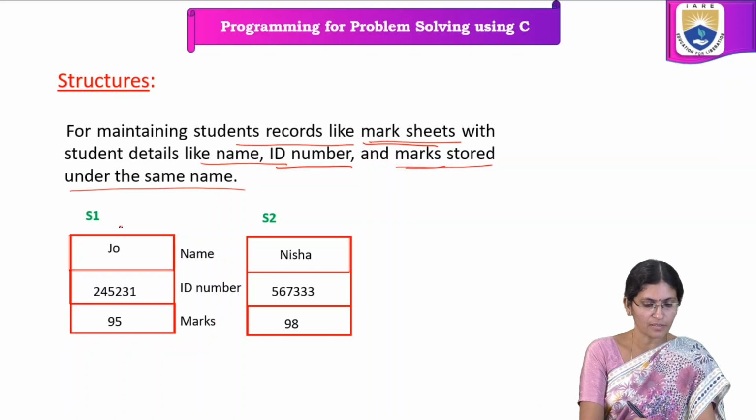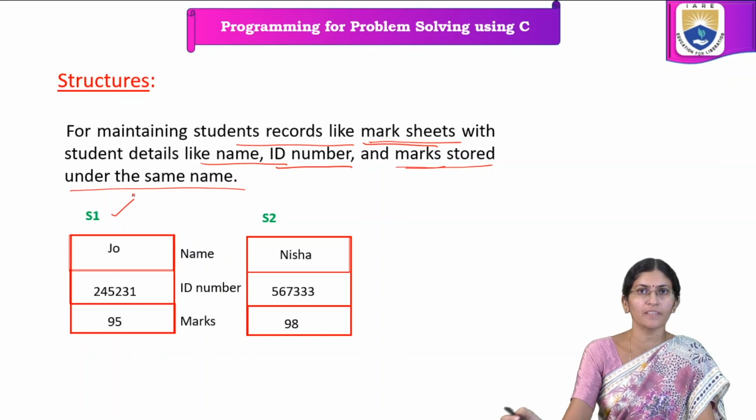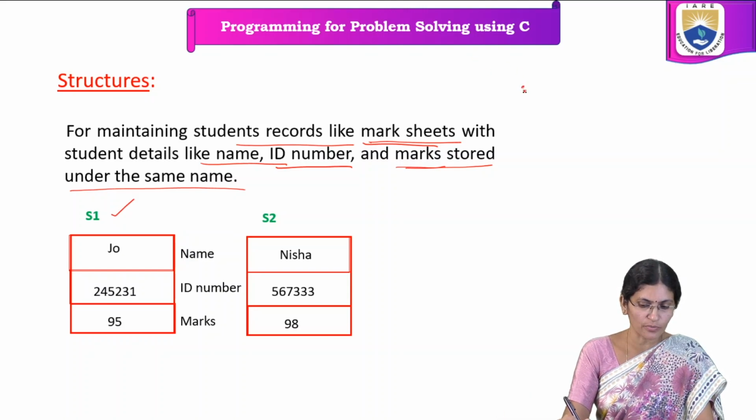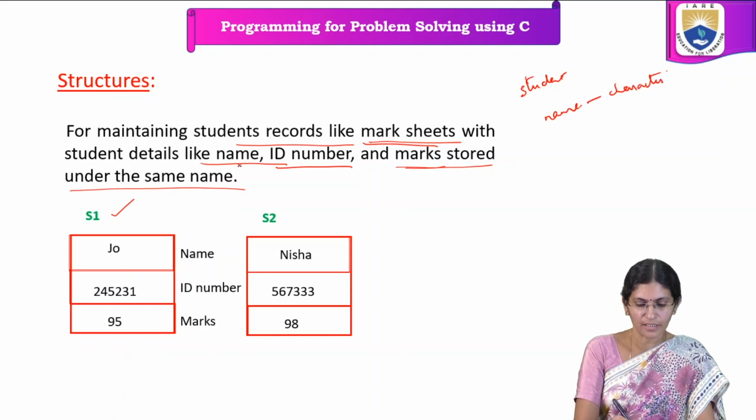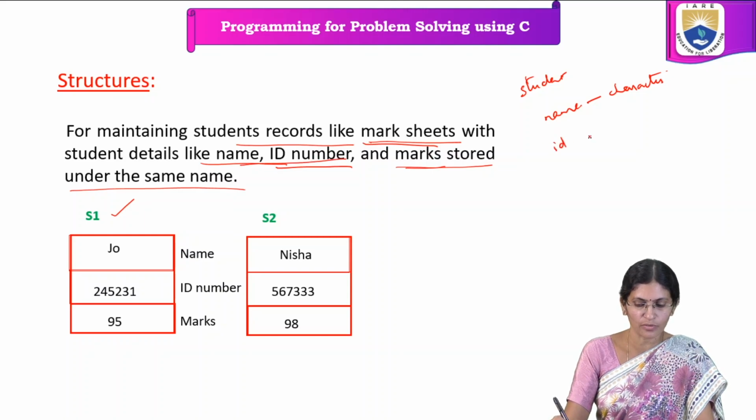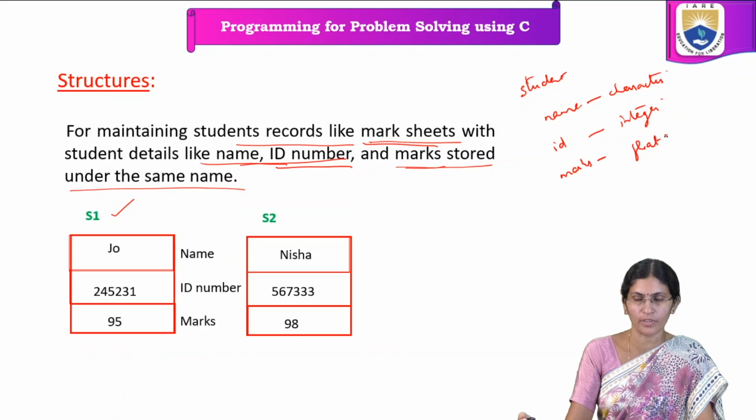So for example, if there is one student, for a particular student we need to store information like the student name. So name of the student will be of character data type, and then the other detail like ID number. Suppose ID is integer type, and then marks. Marks are of float type.